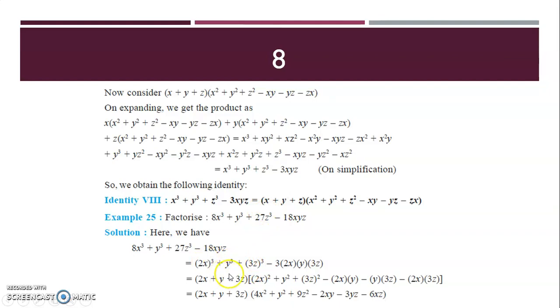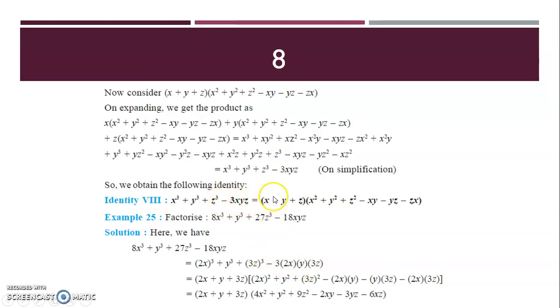So if you find three such perfect cubes, check whether the last term is 3 times the product of those three terms, that is 2x, y and 3z. Here we find the last term is 3 times the product of the three cube roots, which means this is of the form x cube plus y cube plus z cube minus 3xyz.